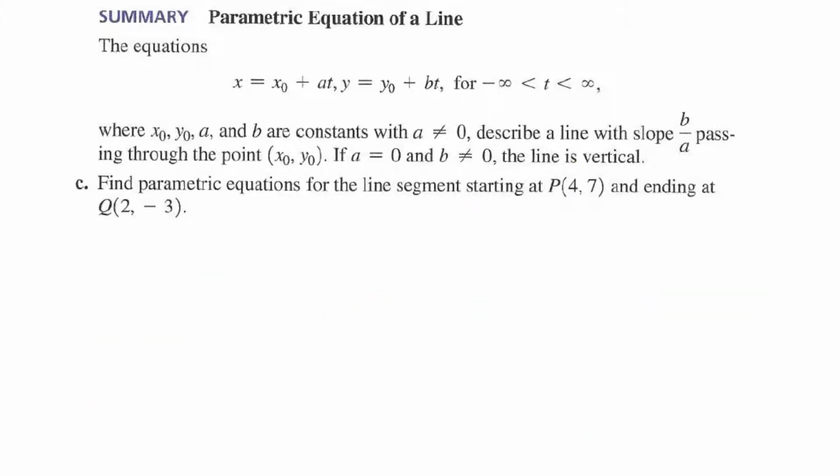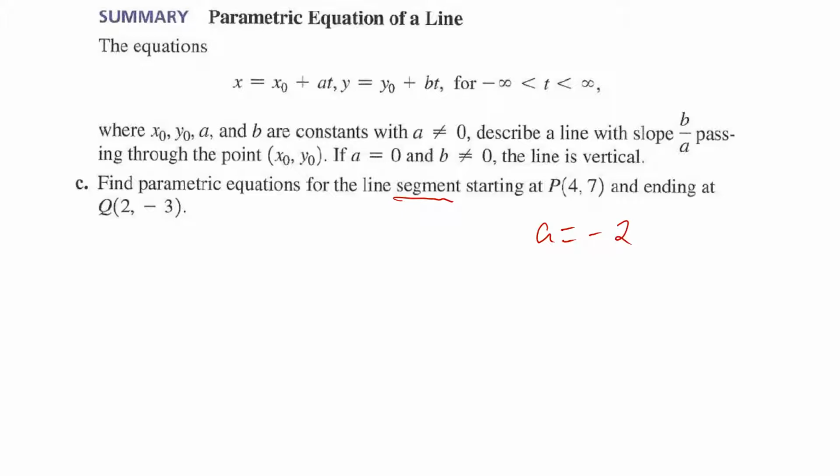How about find the parametric equation for the line segment starting at P and ending at Q? So it's a segment. It starts at P, it ends at Q. I would look at it like, let's not look at the slope. Let's look at the change in X and the change in Y. So the change in X, we go from 4 to 2, which means that A could equal negative 2.